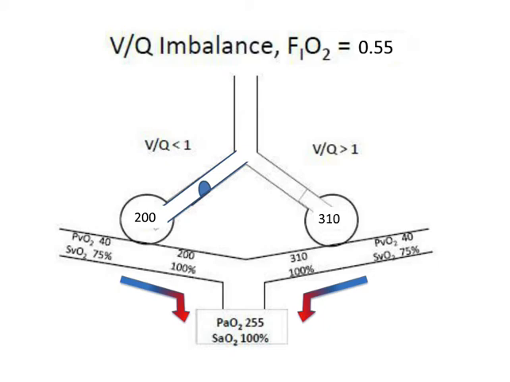By contrast, with VQ mismatch, use of higher FiO2 ultimately leads to a higher PAO2 even in alveoli that are not well ventilated. Given enough time breathing supplemental oxygen, even poorly ventilated regions eventually increase their alveolar PO2, as shown on the left here.